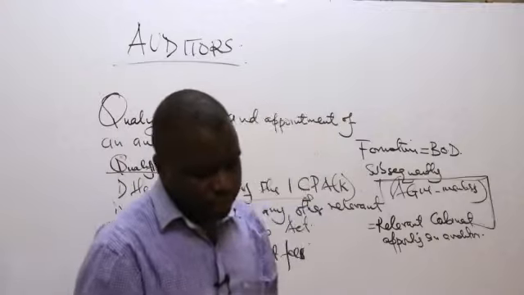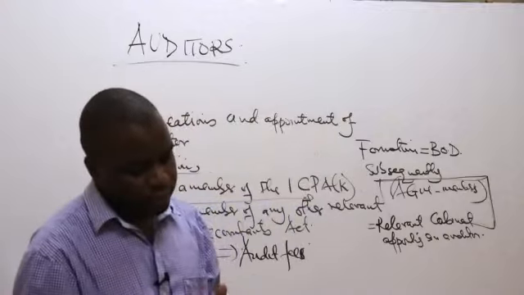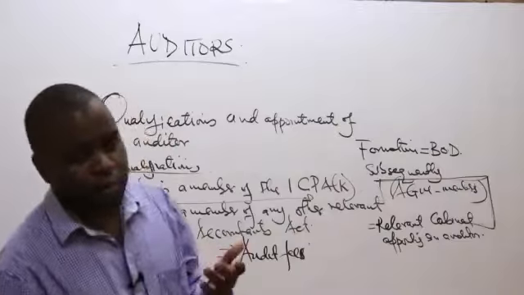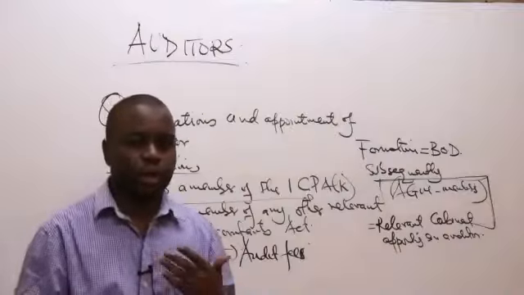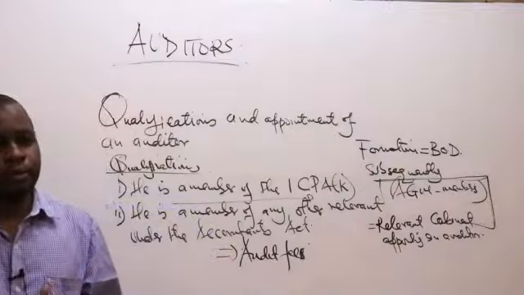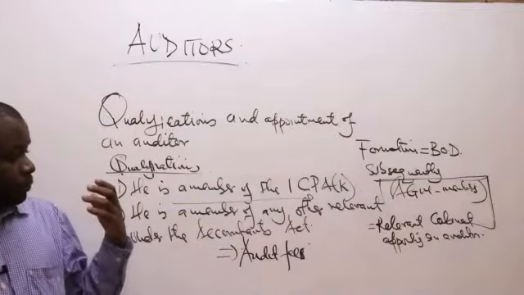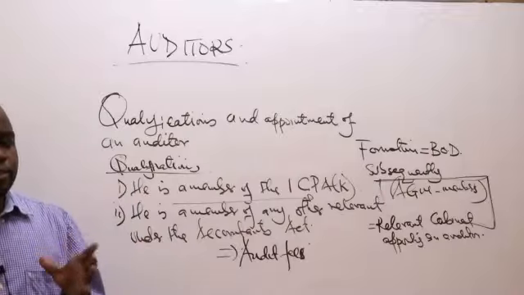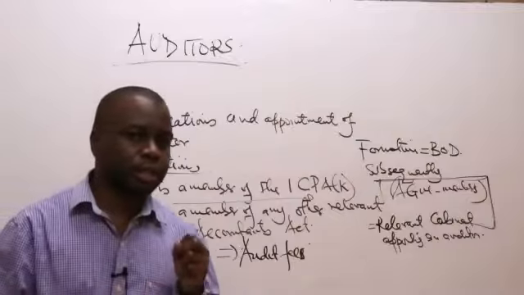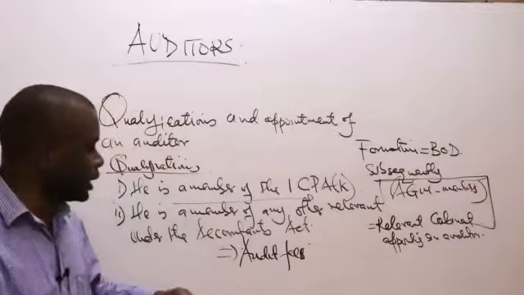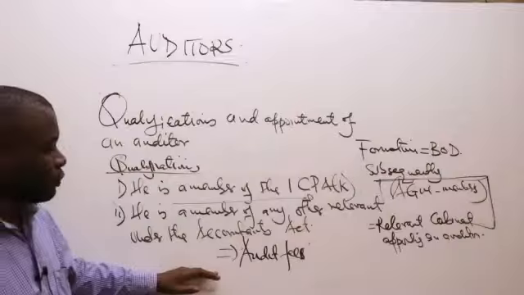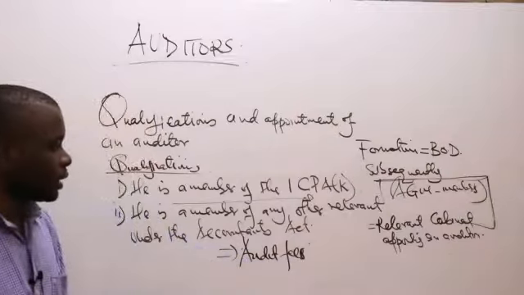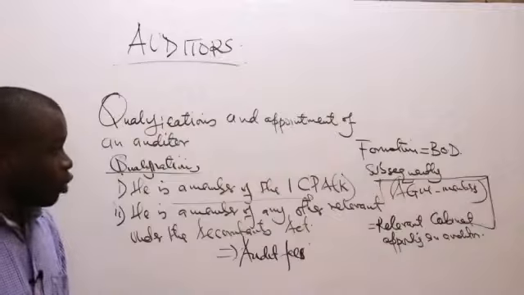So the remuneration can come in different ways: as audit fees, reimbursement of expenses, or extension of any facility to the auditor to enable him carry out his work, for example, providing lunch at the premises of the company while he's carrying out the audits. That will still be presumed as remuneration for the auditor. But of course, the key remuneration is payment of the audit fees, maybe at the end of his work as an auditor of the company.